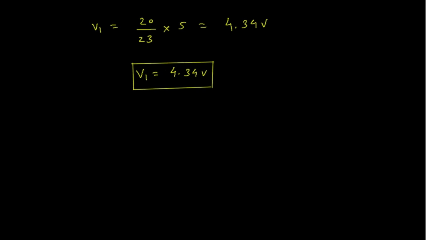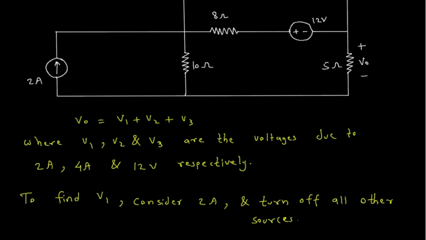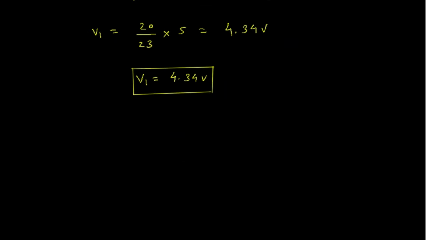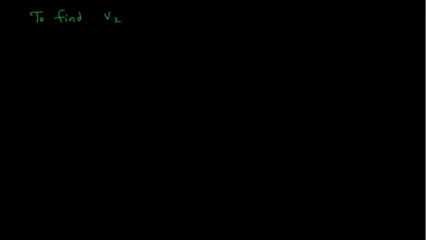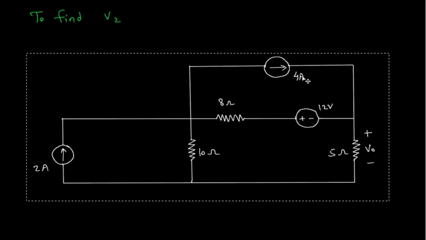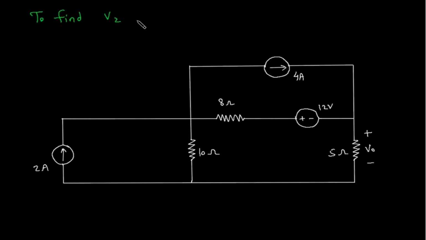Next we have to find V2. So to find V2, we will turn off this 2 ampere and 12 volt and consider 4 ampere. To find V2, consider 4 ampere and turn off all other sources.